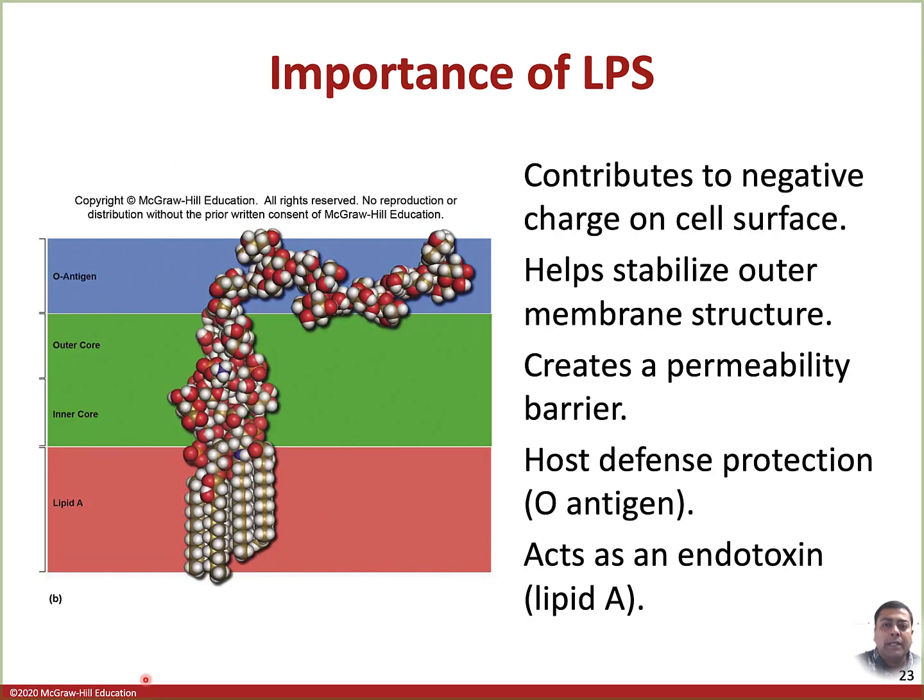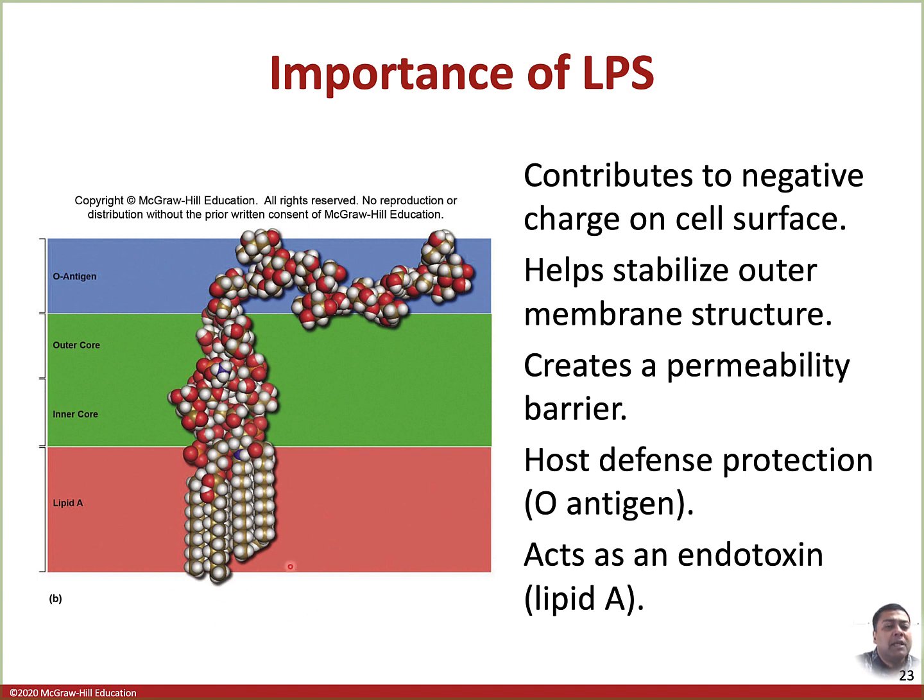The LPS, or lipopolysaccharide, contributes to the negative charge on the cell surface, helps to stabilize outer membrane structures, and acts as a permeability barrier. The O antigen is a defense protection. The lipid A part is an endotoxin.